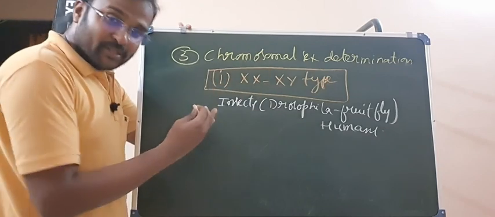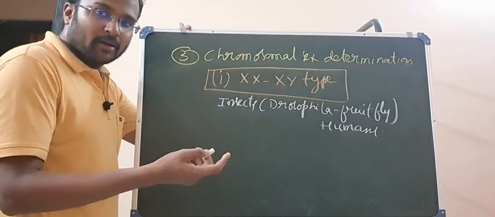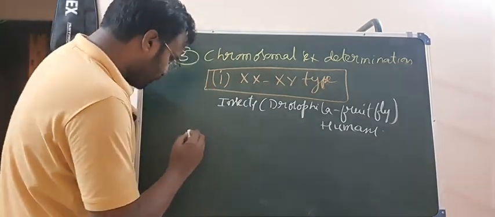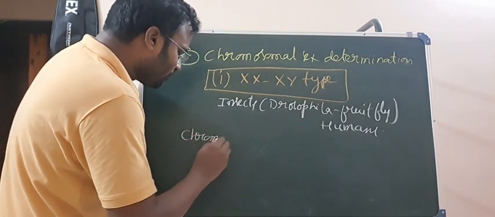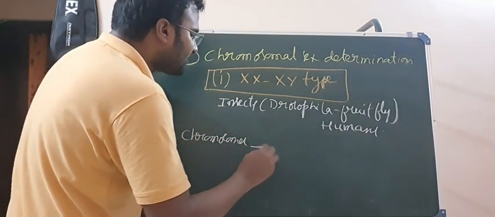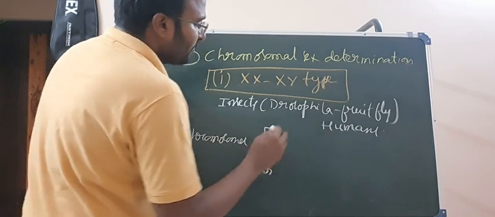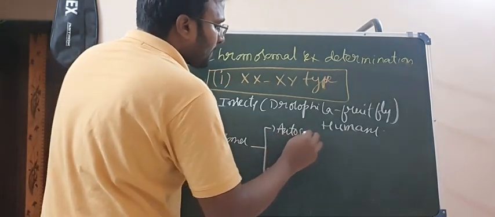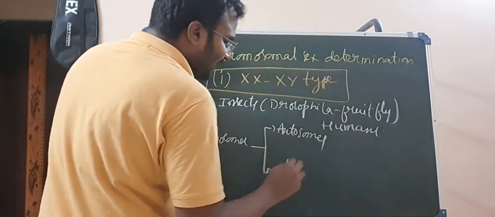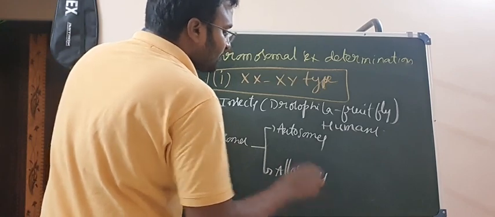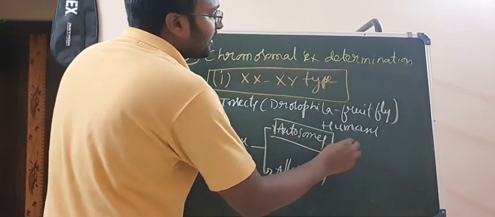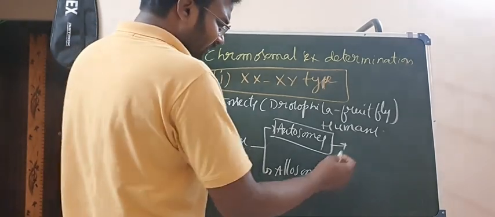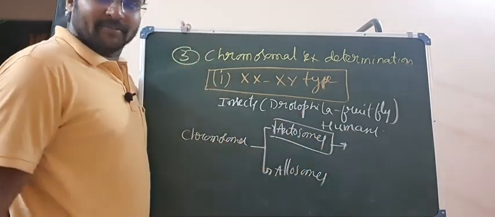Usually before going to this topic, let us see certain other topics like chromosomes. Chromosomes in most of the organisms are of two types, autosomes and allosomes. Autosomes are such that no gender is decided by them.